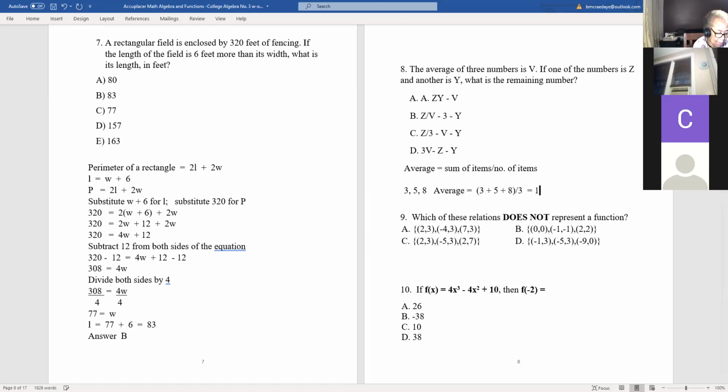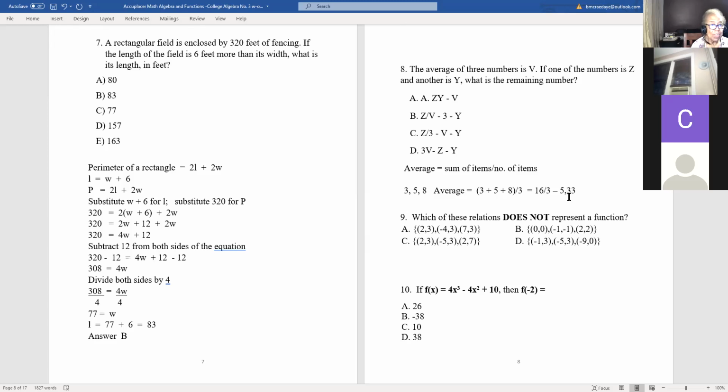So that's 16 divided by 3, which is about 5.33. That's the average. It's not always a whole number, but it's the sum of the items divided by the number of the items.